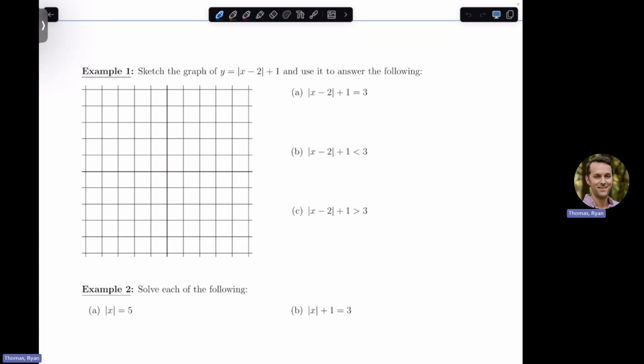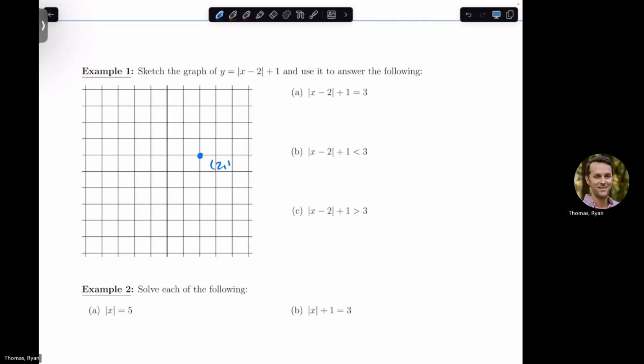Starting with absolute value. So, for starters, what does the graph of that look like? Okay, it's an absolute value function, which means it looks like what? V shape graph, shifted 2 to the right and up 1. So the vertex, the corner point of that V shaped graph is where now?